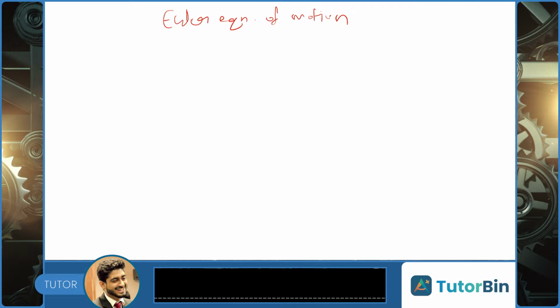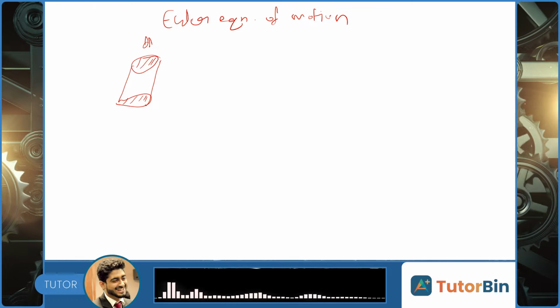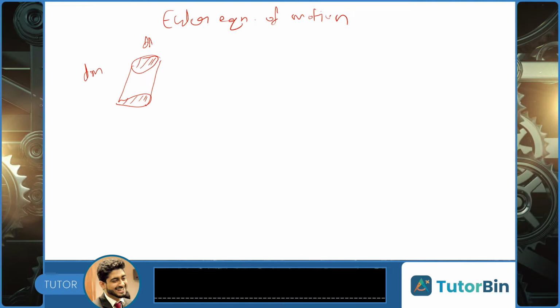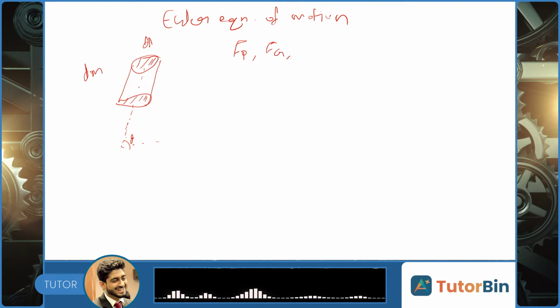will be considered. So let's take a fluid element whose cross-section area is dA, and elemental mass of dm. This is at an angle theta. In the FBD of this elemental diagram, we will show pressure force, that is Fp, gravity force, and inertia force.